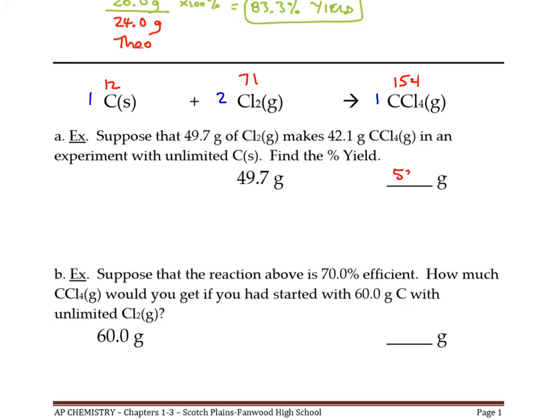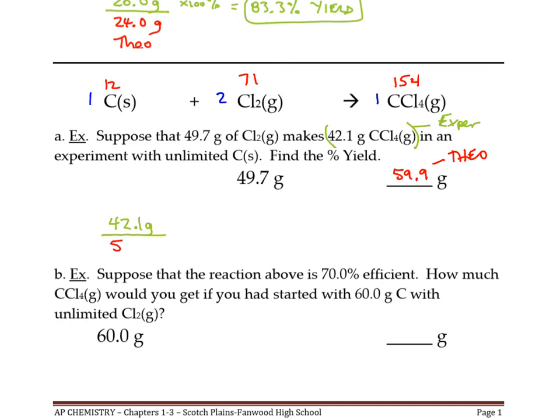Again, that's the theoretical. However, in the lab, you only made 42.1. So since you only made 42.1, that's going to be your experimental. So now you take your experimental, 42.1, divided by theoretical, 53.9.